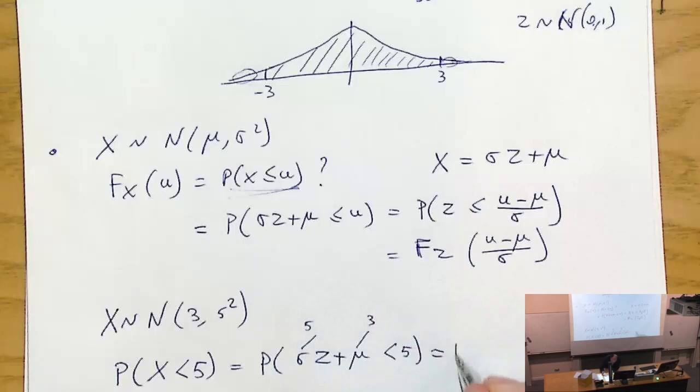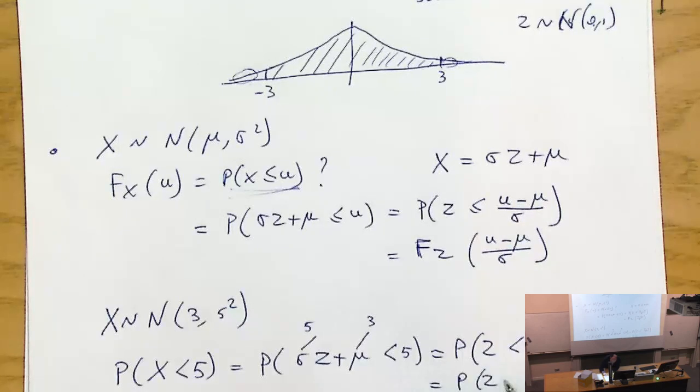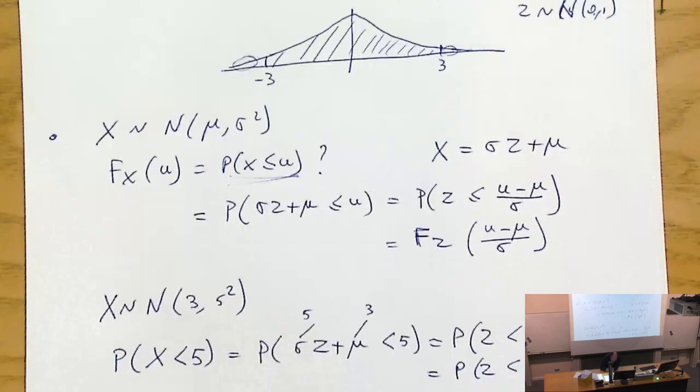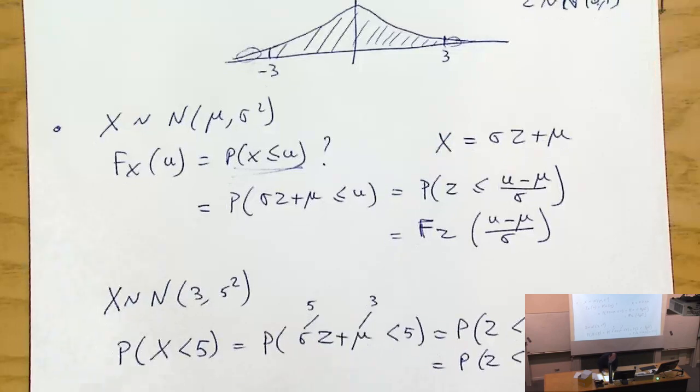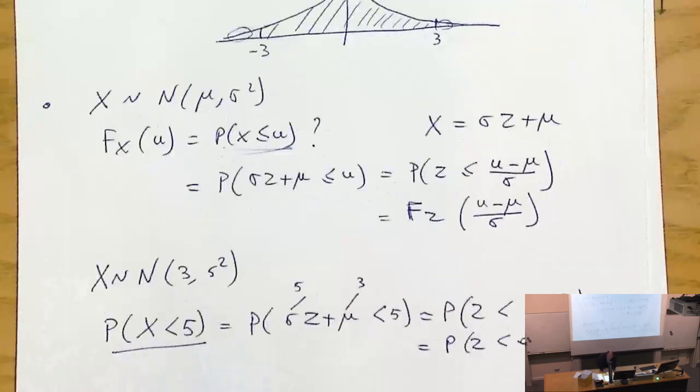It will be 3. This is the probability of z being smaller than 5 minus 3 divided by 5, the probability of z being smaller than 0.4, right? You go to the table for 0.4 and you get 0.65. So this is the probability that x would be smaller than 5.